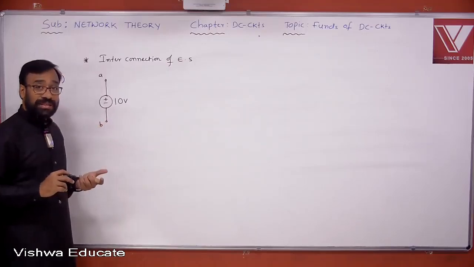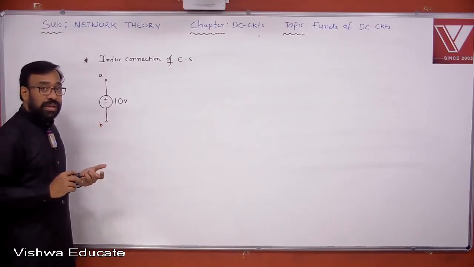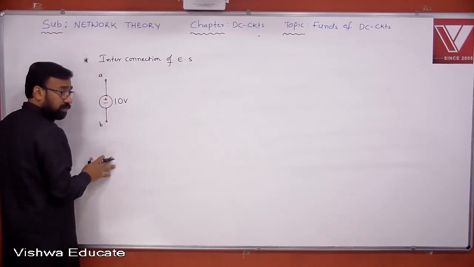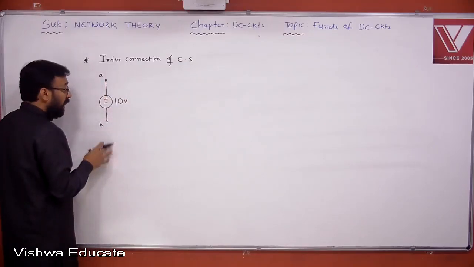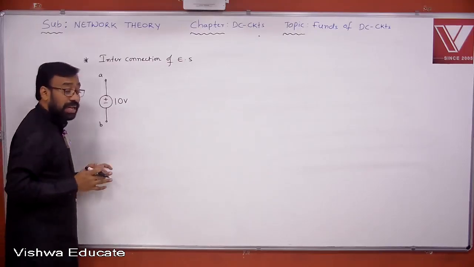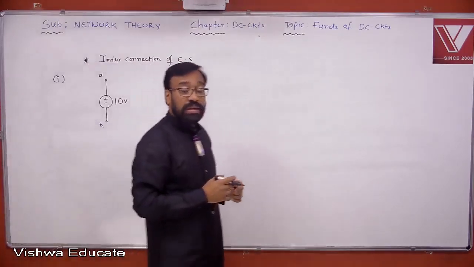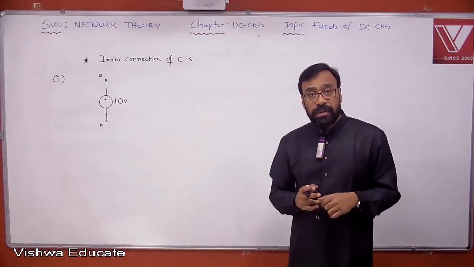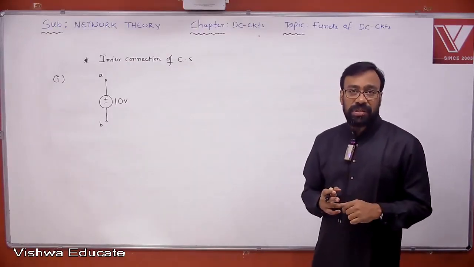Then what could be your answer? Some people may say that the voltage at A is 10 volts. The voltage at B is minus 10 volts. Generally, most people try to give such answers whenever we are taking classes in our regular classroom program.